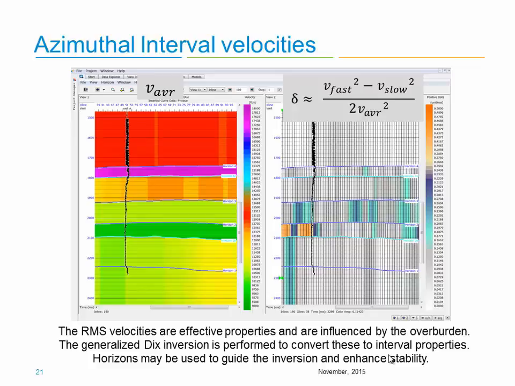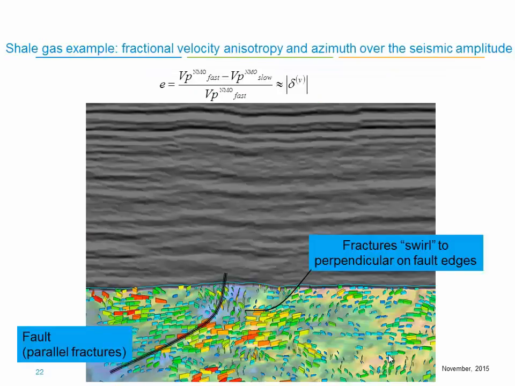The neat thing about the fractional difference is when you work through the math for HTI media, the fractional difference corresponds to Thomson's delta parameter. So you actually have a physical meaning to the type of anisotropy that we're looking at here. And in this particular case, we're getting some sort of anomaly down at the Bossier level, which is known to be anisotropic in this area.